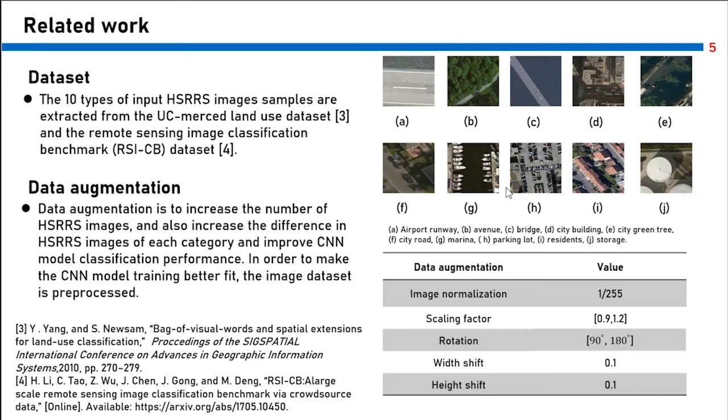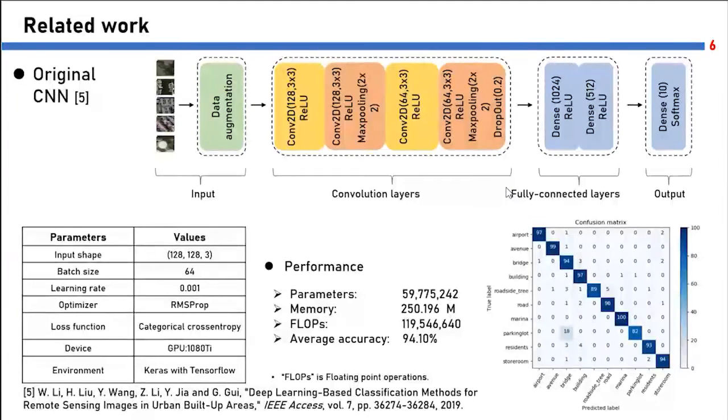In order to make the CNN model training effective, the image dataset is pre-processed. Among them, the table on the right shows the different processing operations and parameters taken by data augmentation. As shown in the figure, here is the neural network structure of the original CNN.